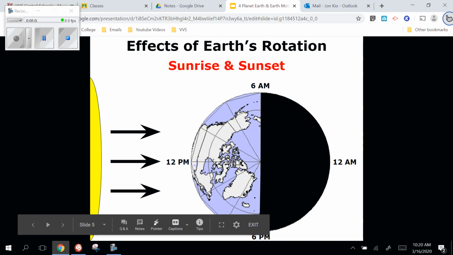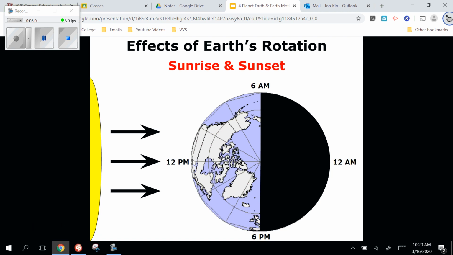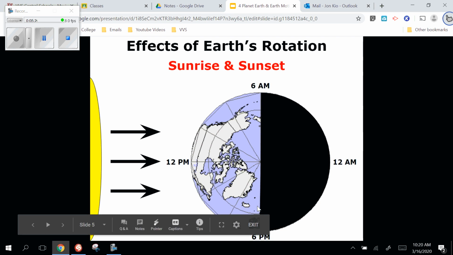And you can tell what time it is at any point on the Earth just by looking at where the sun is in relation to your longitude. If the sun is directly over your longitude, that's noon. If the sun is opposite your longitude, that's midnight. And if this is midnight, that's 6 in the morning because we're going counterclockwise. That's noon. That's 6 at night.